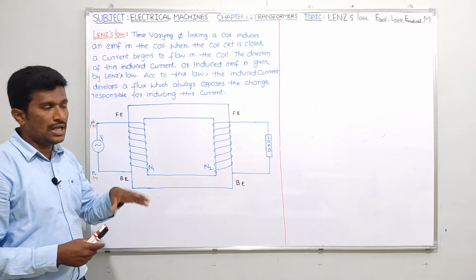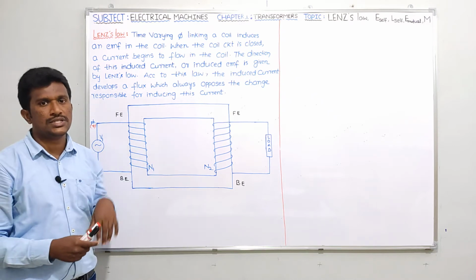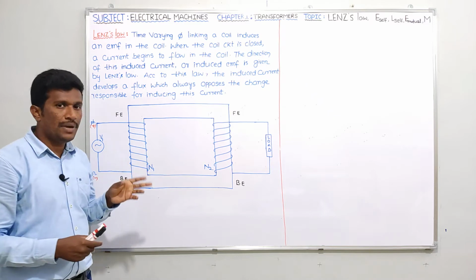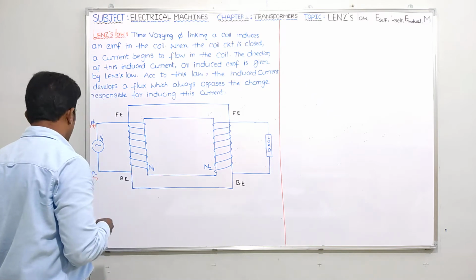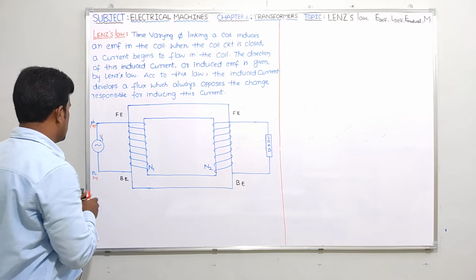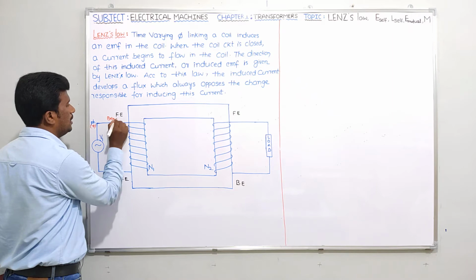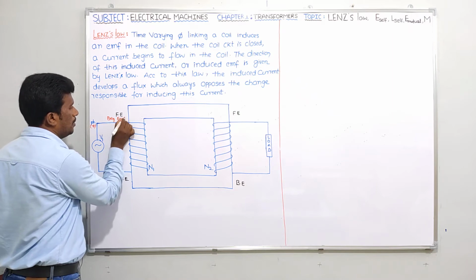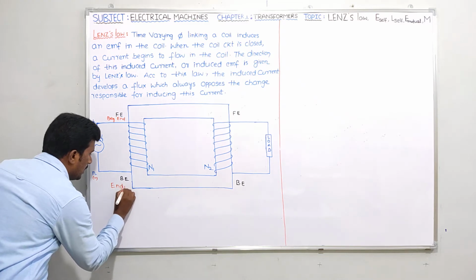We assumed front end as the beginning end in our discussion, and back end as the ending end. So let me write that point here also: front end can be assumed as the beginning end, and back end can be taken as the ending end.